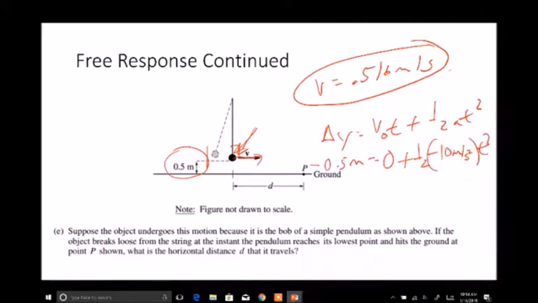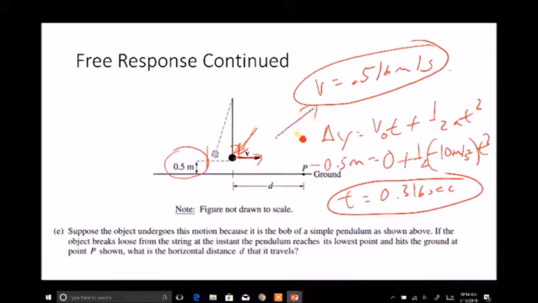We're going to solve this out for t. And when we do, we end up with t equals 0.316 seconds. So to fall 0.5 meters, it takes the object 0.316 seconds. For that entire 0.316 seconds, that object is moving horizontally at this speed, 0.516 meters per second.